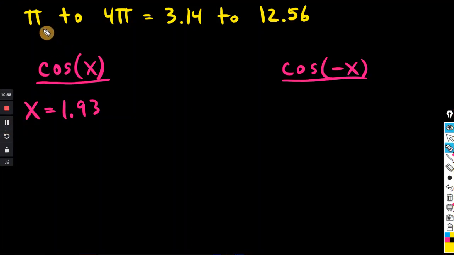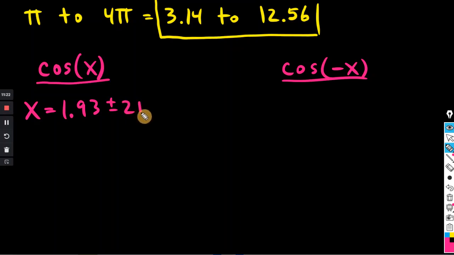So the range of values for x are from pi to 4 pi. Since this is in radians, I use 3.14 for pi. So this is my range of values. All right. So for the cosine of x, this was the x that we originally got. We're going to add or subtract multiples of 2 pi.